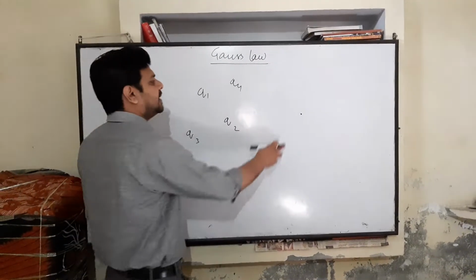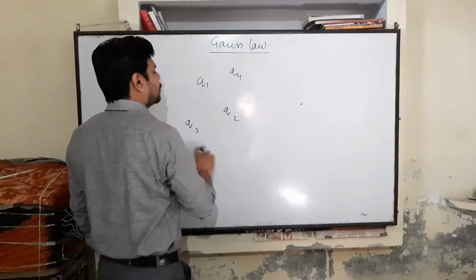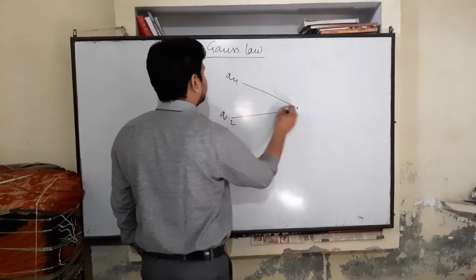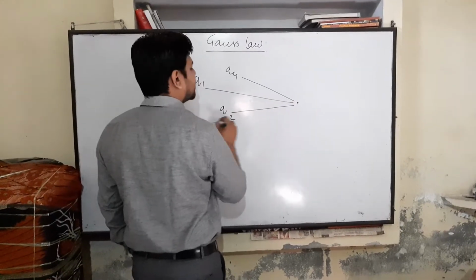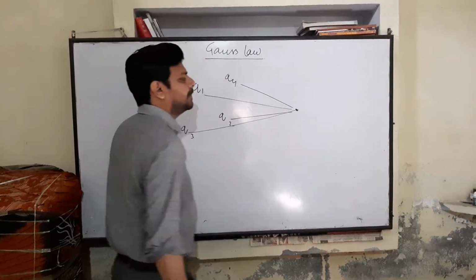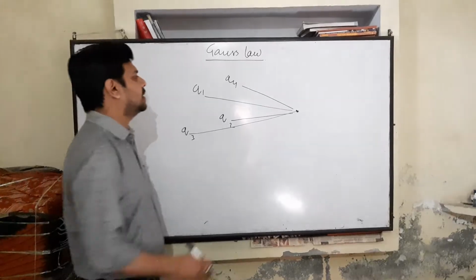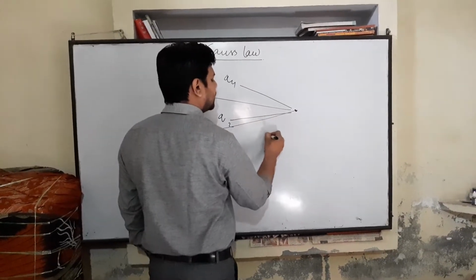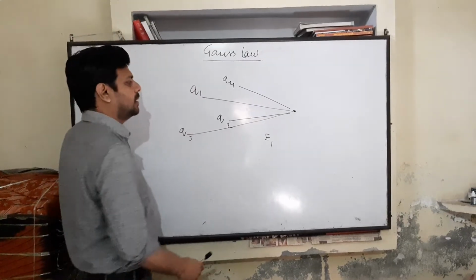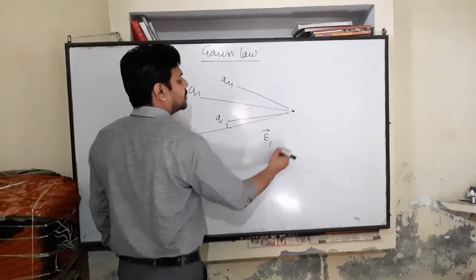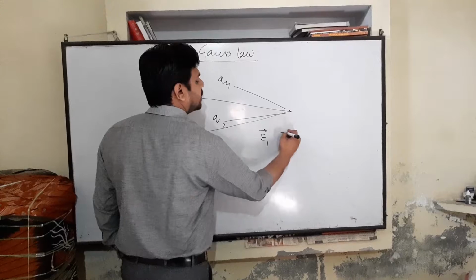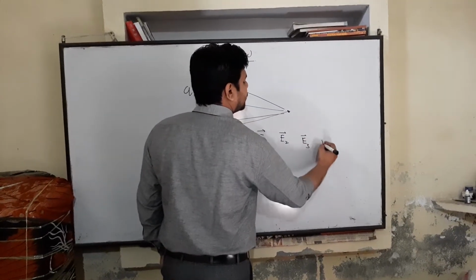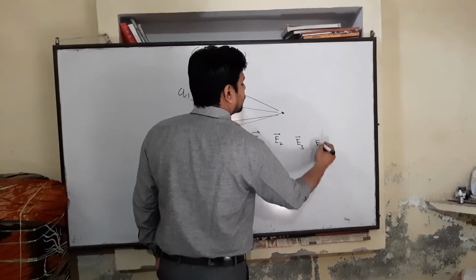Then to find the net electric field due to this whole charge configuration, we first have to find the electric field produced by each charge separately at this point. Consider the electric field produced by charge Q1 at this point is E1, due to charge Q2 is E2, due to the third charge it is E3, and due to the fourth charge it is E4.